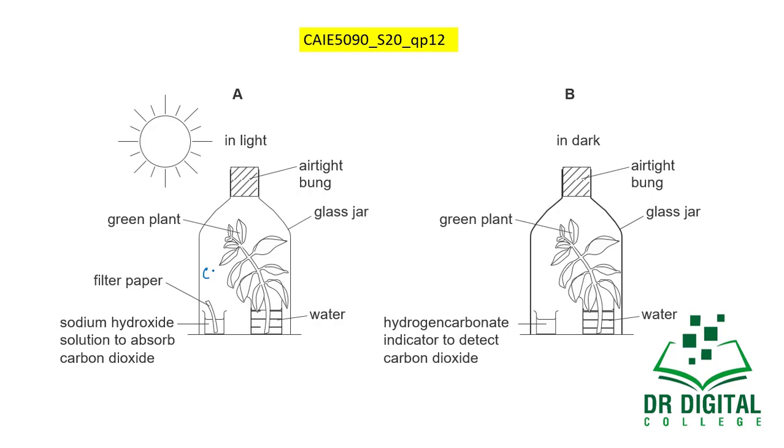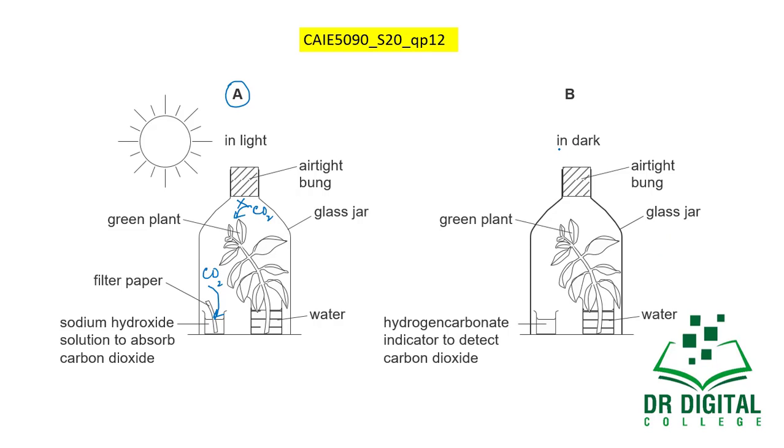So any carbon dioxide present in the atmosphere of this jar will be absorbed by this one. So to this plant, carbon dioxide will not be available. So this can be the experiment. Okay, so the answer for this question is A, but let's see why B is wrong.